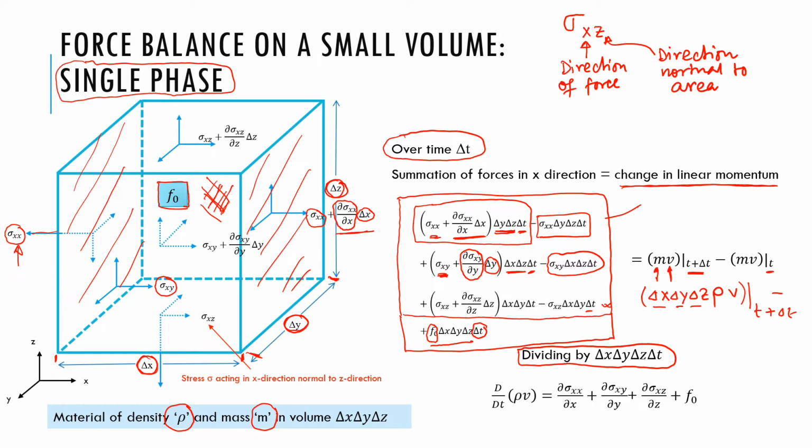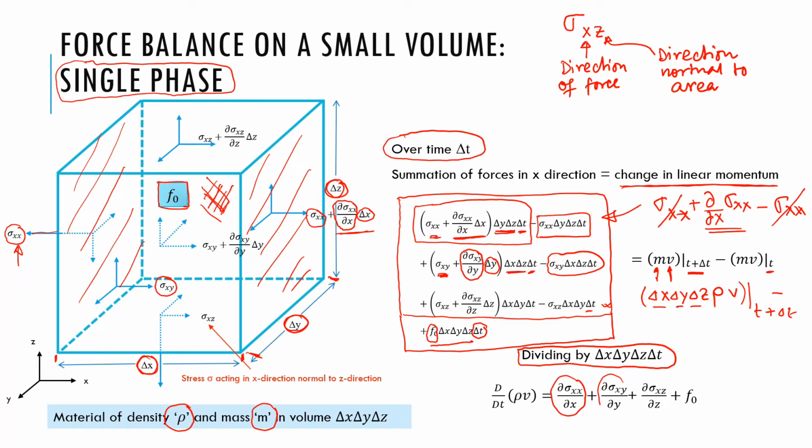The first quantity here would be sigma xx plus del x of sigma xx minus sigma xx. So these cancel out, so we get these terms remaining.